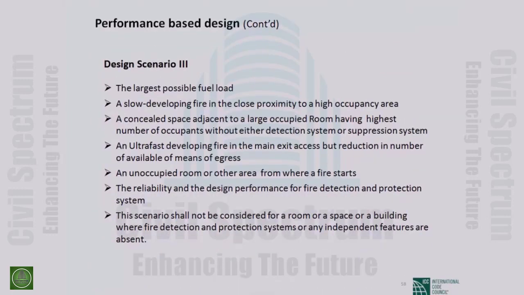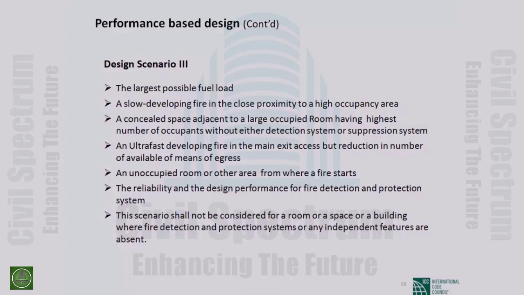Third thing is the combination of all of these, the largest possible fuel load. So you have to calculate the largest possible fuel load, the total fuel load of the area, or in a compartment, or in a zone. What is the largest possible fuel load?